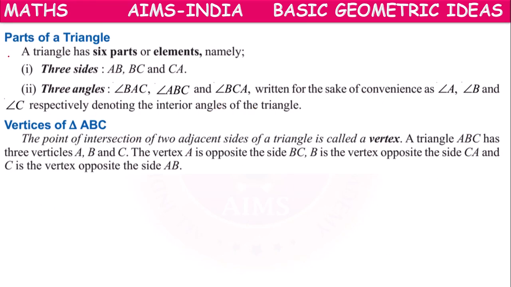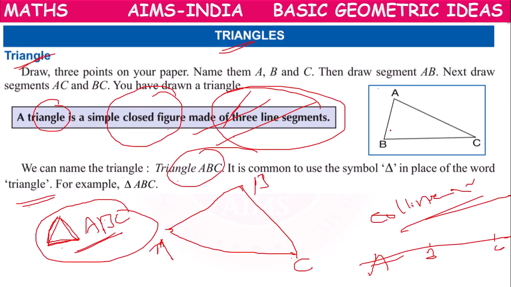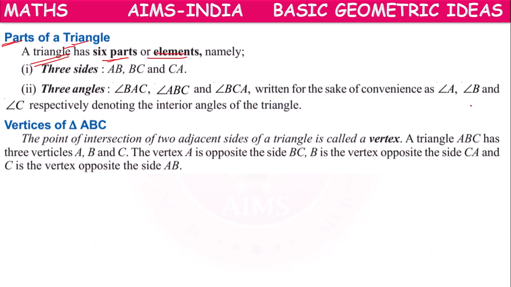Next, parts of a triangle. A triangle has 6 parts or 6 elements. What are they? AB one side, BC one side, AC one side, 3 sides as 3 parts. Angle A one angle, angle B one angle, angle C one angle. So it has 3 sides and 3 angles which can be measured.